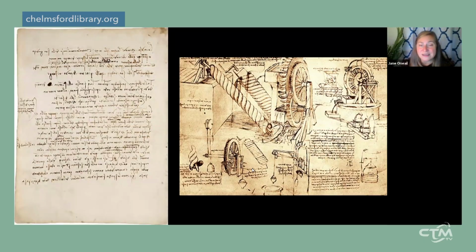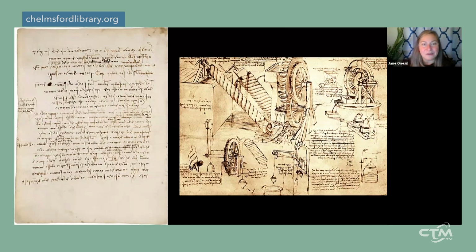In these drawings, he is conceptualizing how to lift water. And prior to this moment, really people were just lifting up pails of water. And he is sort of reviving an ancient idea here called an Archimedean screw. And this is something that does work, actually. But these are the kinds of problems that he would trouble himself with.